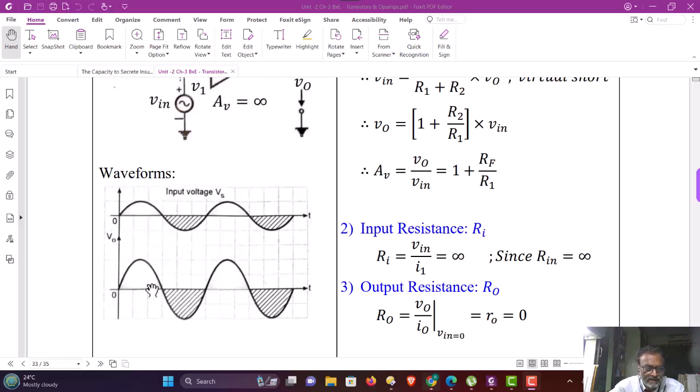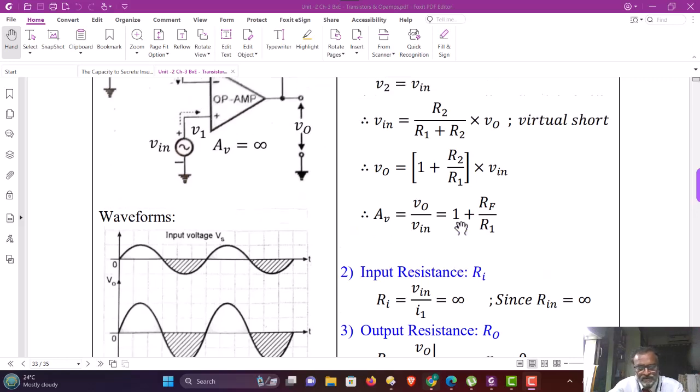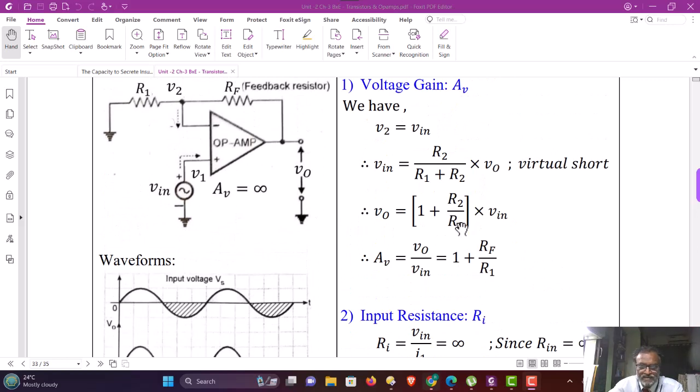So we see that the output voltage is in phase with the input voltage, and that's why the configuration is called the non-inverting configuration. We observe that the amplitude of the output voltage is larger than the input voltage, meaning the output waveform is the amplified version of the input waveform. But how much amplification does this configuration provide?